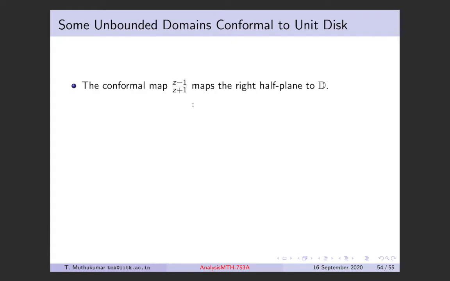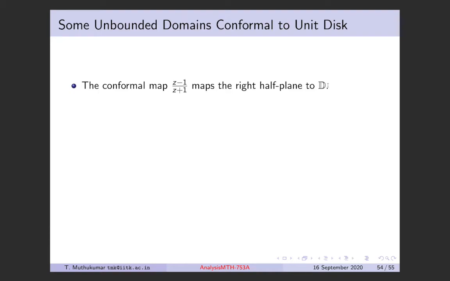So you want to map, say, 1, 0, and 1, and another point to infinity. To fix these 3 points is enough to uniquely determine the conformal map, which takes these 3 points to the desired points. So this is a conformal map which maps from the right half plane to the unit disk D, an unbounded set to a bounded set. You see, something that I pointed out earlier.